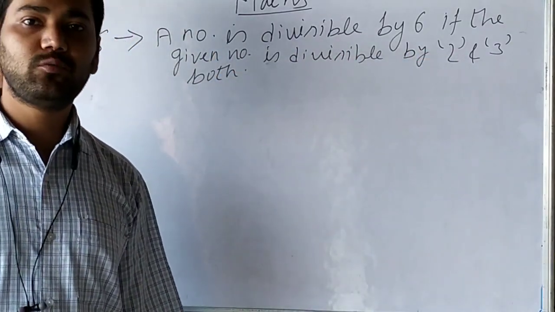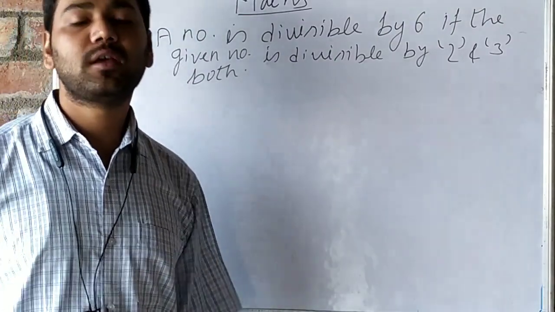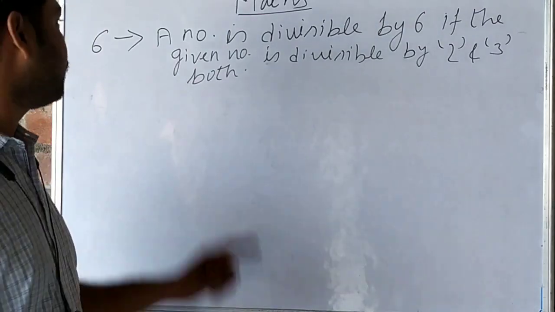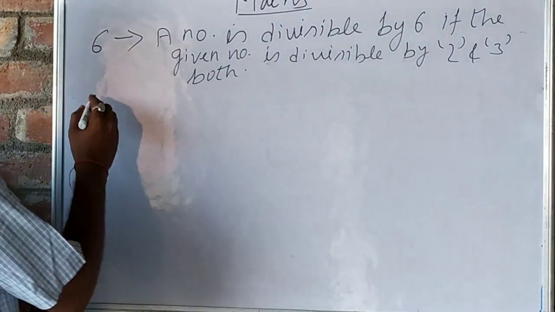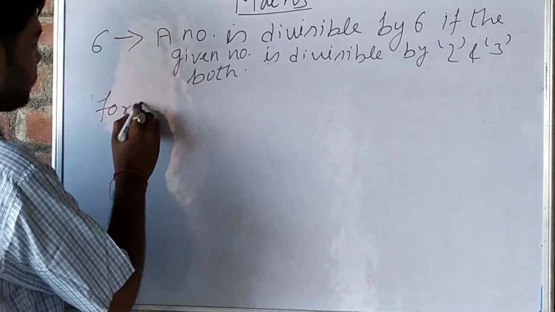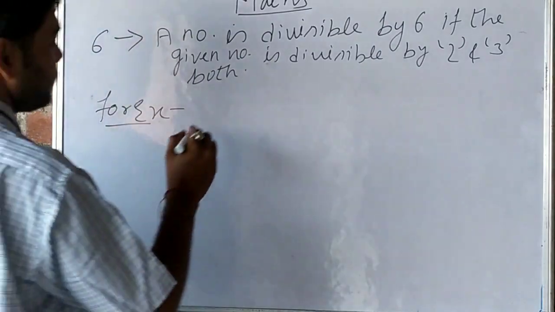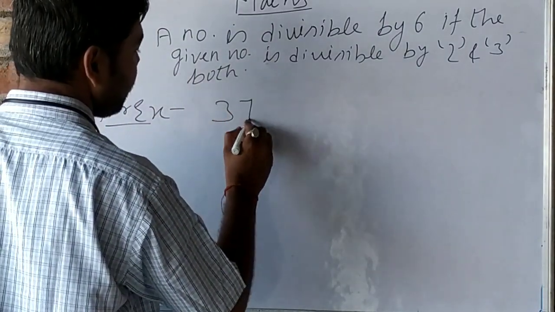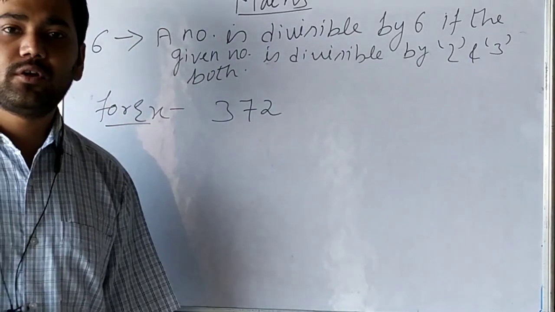If a number is divisible by 2 and also divisible by 3, then only we can say that the given number is divisible by 6 also. Understand? For example, 372. We have taken a number 372.